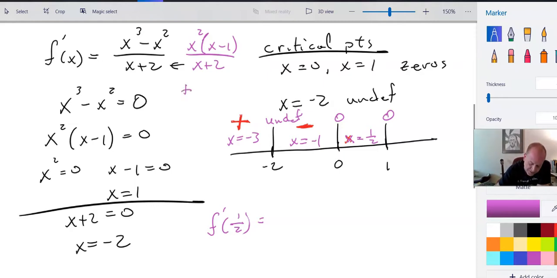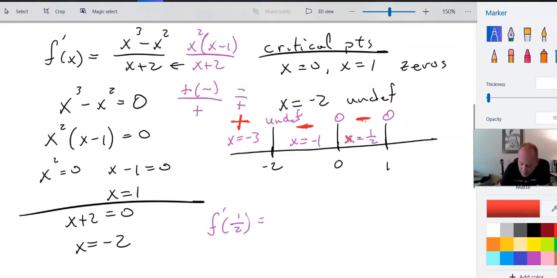So I'm just going to write a positive. 1/2 minus 1 is negative. 1/2 plus 2 is positive. So this is probably a little better way of seeing what I was doing in my head with the other ones. I'm just looking at the sign of each factor as I go. So that means I have a negative divided by a positive, which means that this region is also negative. So I have two negatives here, right next to each other.